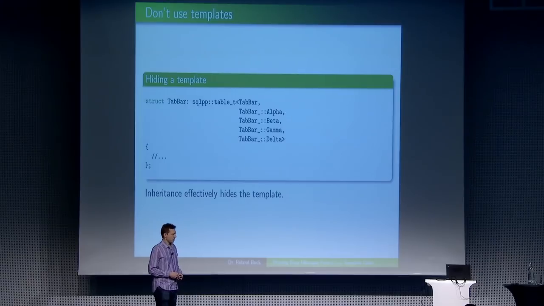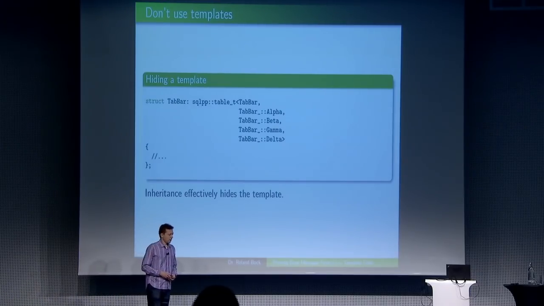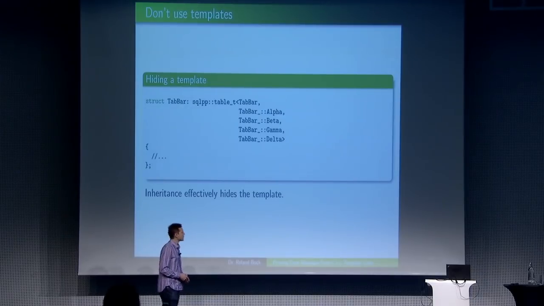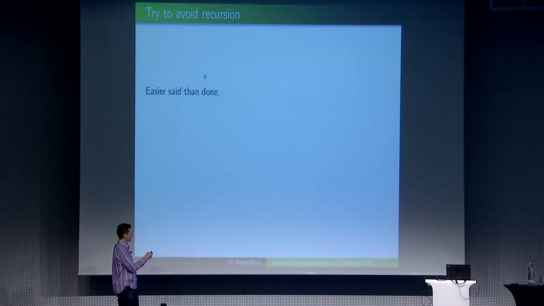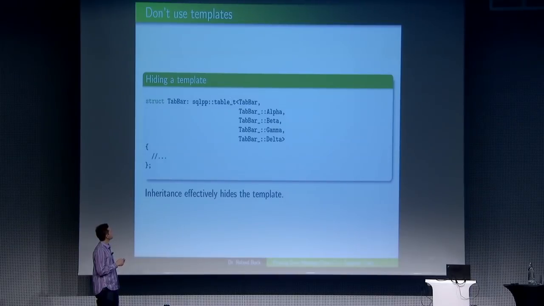The definitions of tables that are used with this SQL library is done through templates. This table T here, that's a template. Does some CRTP magic. It uses specifications for the columns of this table. It's a very big template and pretty complex.